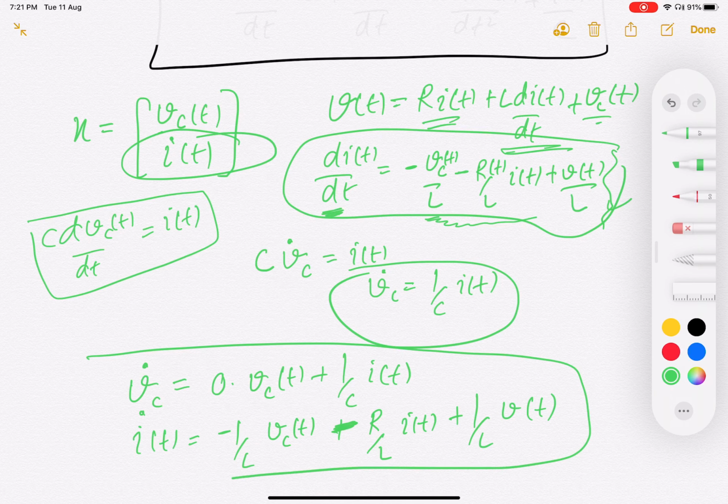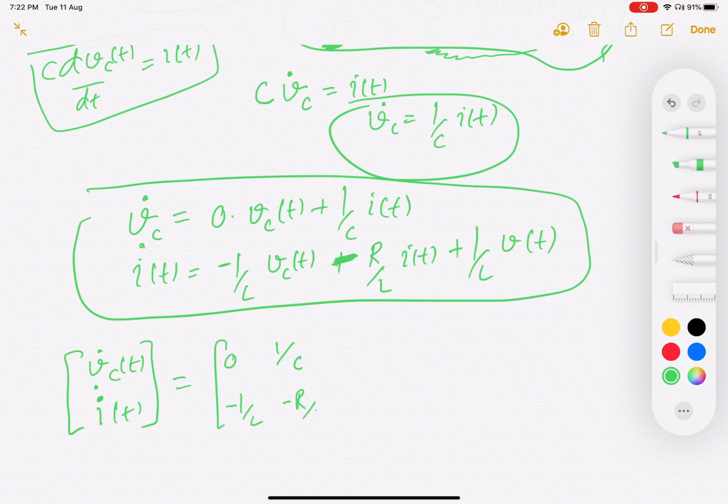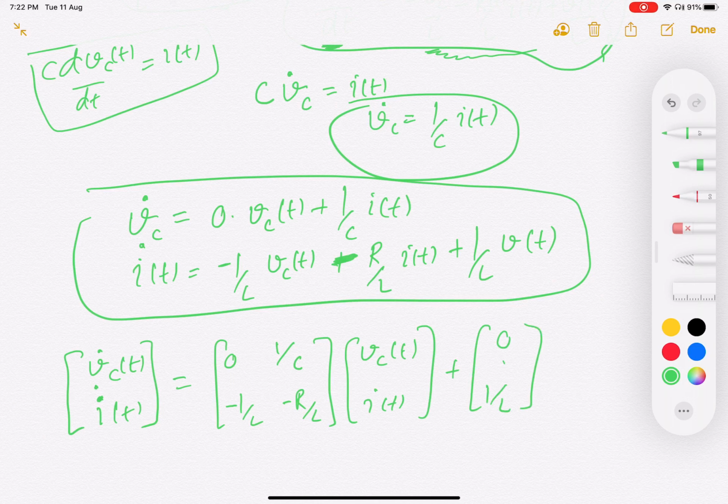Now look at these two equations. Aren't these your state equations? Yes, they are. So you could write something like this: Vc dot(t), i dot(t), although it's difficult to put a second dot over i, is equal to the matrix 0, 1 by C, minus 1 by L, minus R by L, times Vc(t), i(t), plus 0, 1 by L times V(t).